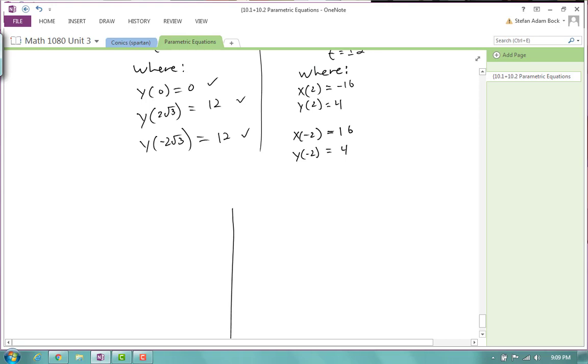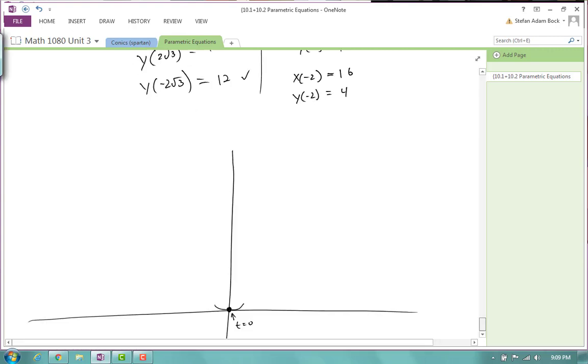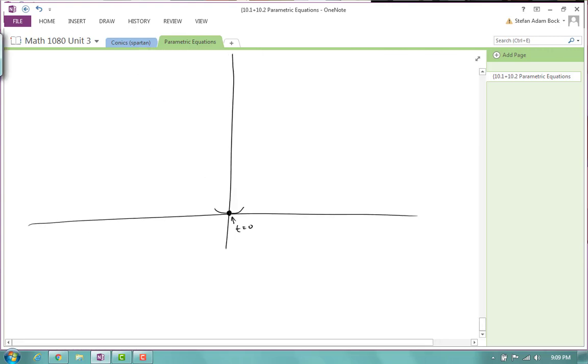But I have vertical tangents at t equals 2, which is a y-coordinate of 4 and an x-coordinate of positive and negative 16. So I guess we'll make this 4 and this 16, and the opposite side, a negative 16. So I've got vertical tangents here and here. Horizontal tangent down there. So this is a pretty wide picture.